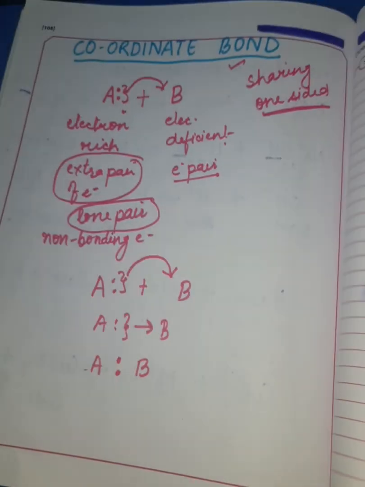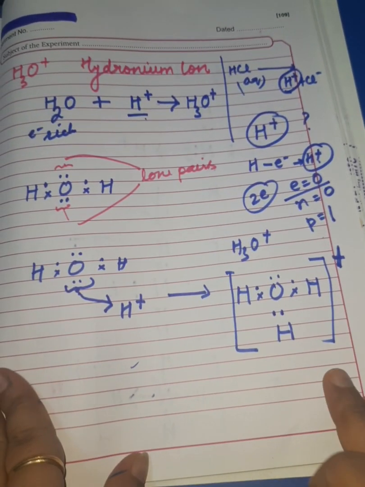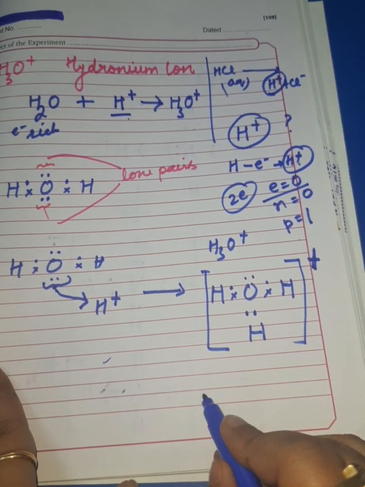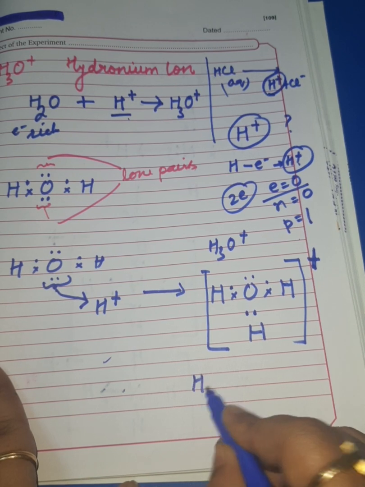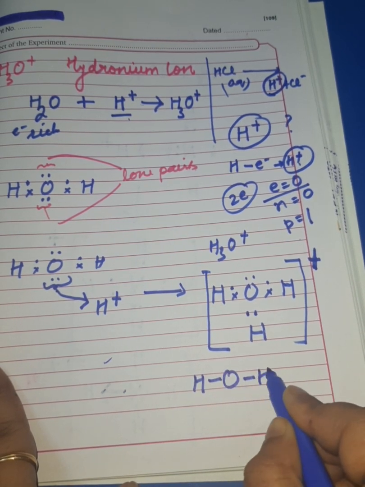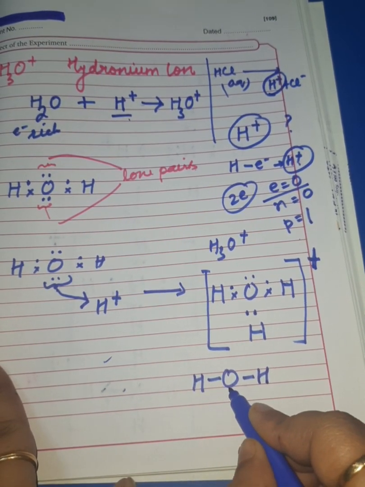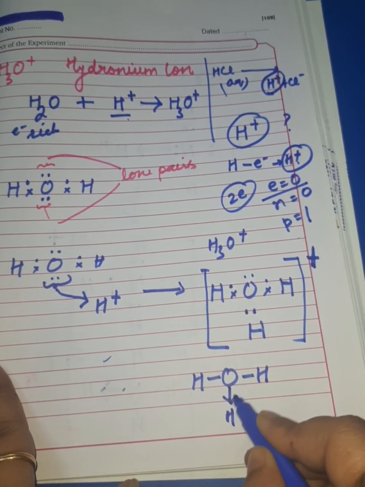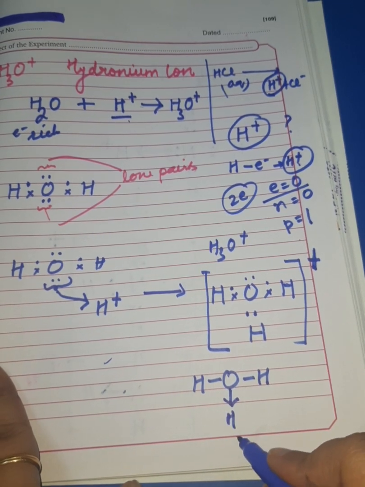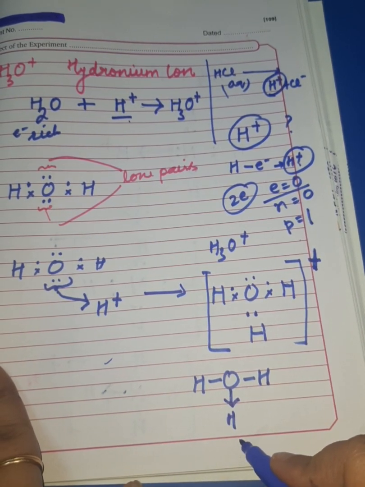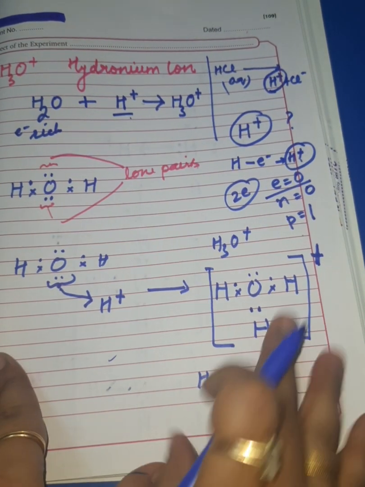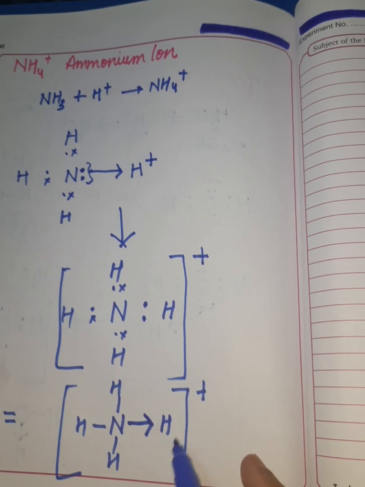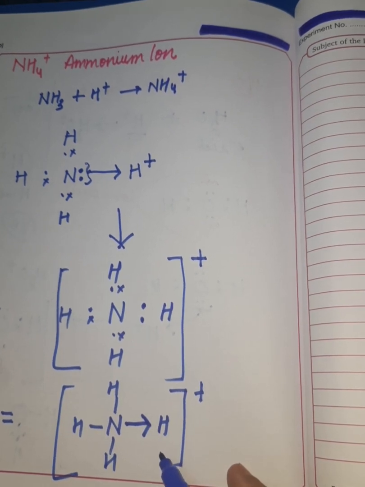Similarly, I will show the coordinate bond formation in the form of a bond line in the case of hydronium ion. In the hydronium ion also, dear students, H, single bond O, single bond H, this is water, and oxygen has shared one lone pair with the hydrogen. So this straight arrow is pointing towards the acceptor atom. I hope it is clear. Here, this is pointing towards the acceptor atom, not the donor atom, sorry.